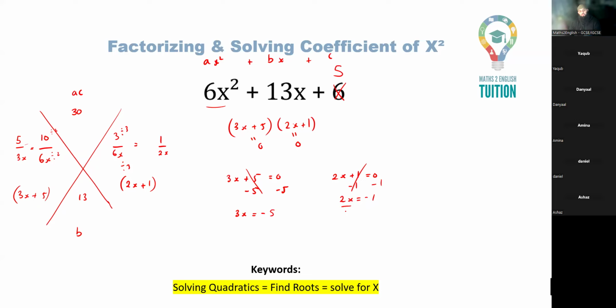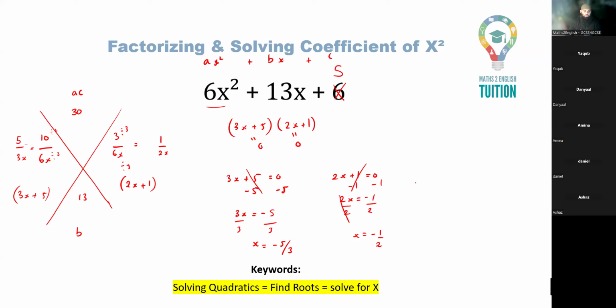We divide by 3 and by 2, and one of the solutions is x equals minus 5 over 3, and the other is x equals minus 1 over 2.